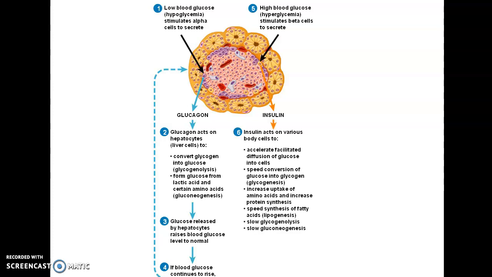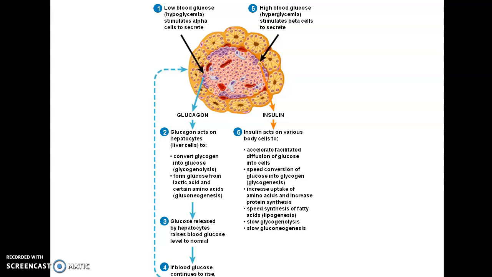And how insulin brings about its action, we have already discussed. We'll just summarize it. They accelerate the facilitated diffusion of glucose into the cell, so they promote the uptake of glucose, that is the first one. Second, they speed up the conversion of this glucose into the carbohydrate store, that is glycogen, that is glycogenesis.